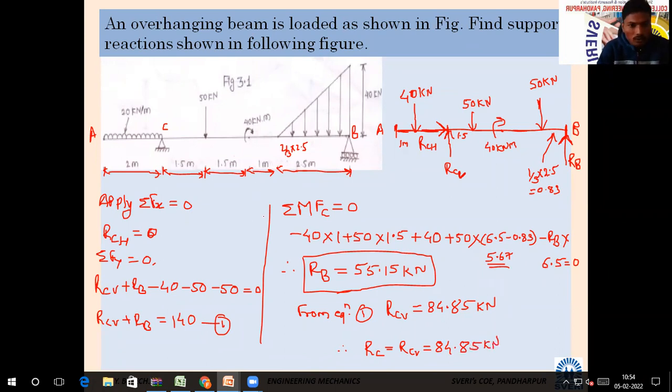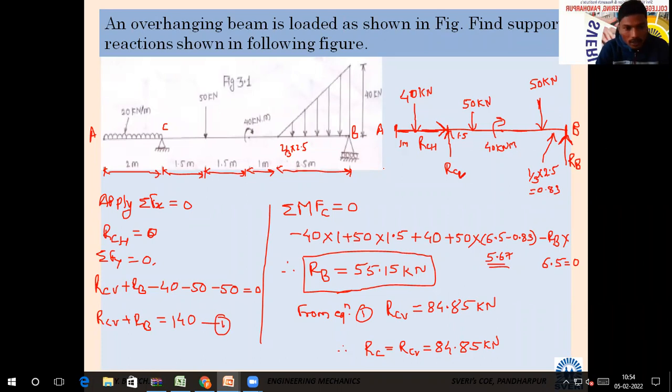Who will tell why the horizontal component of RC came 0? Because no other force is inclined.